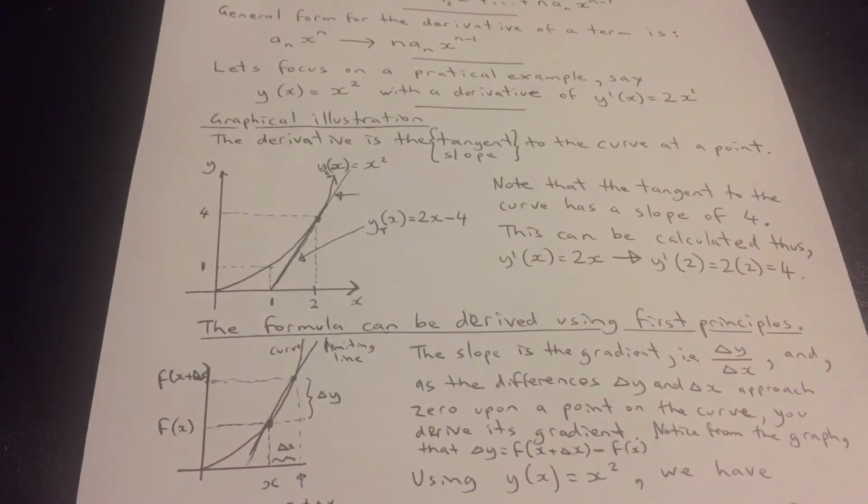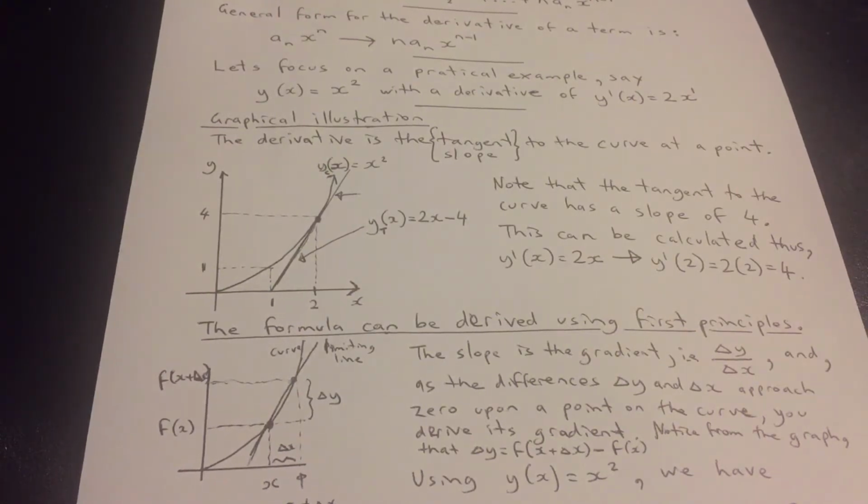So you go from the one point, whose coordinate is x, f of x, to the second point, whose coordinate is x plus delta x, f of x plus delta x. The slope is the gradient, in other words, the difference in y over the difference in x.